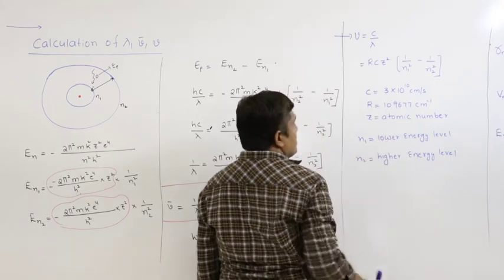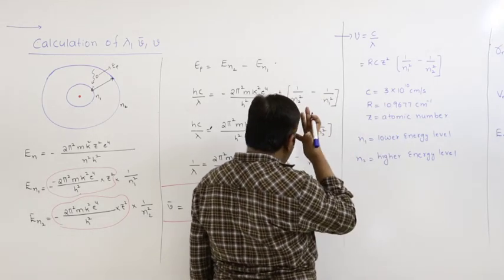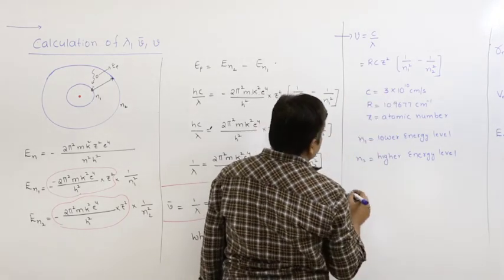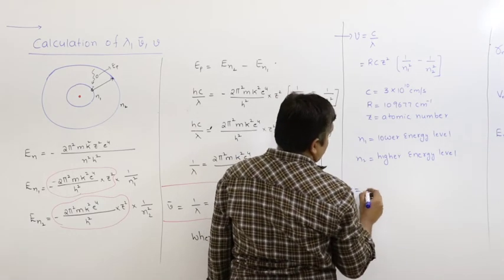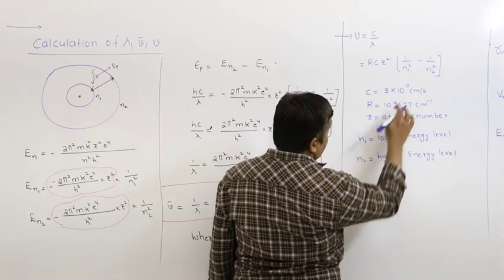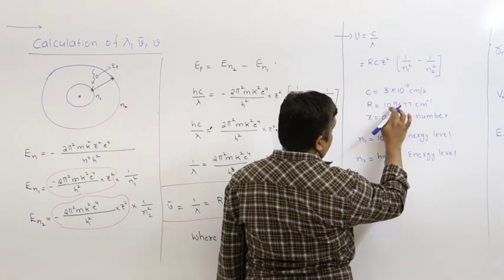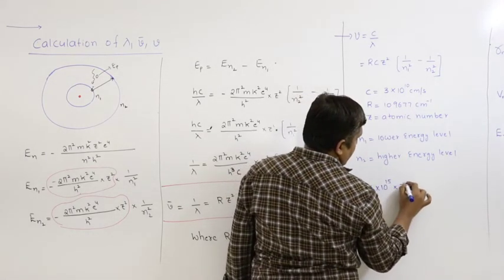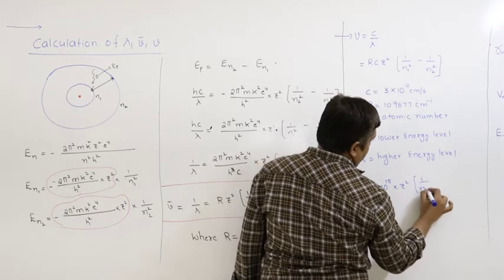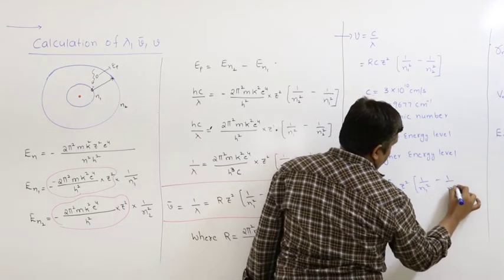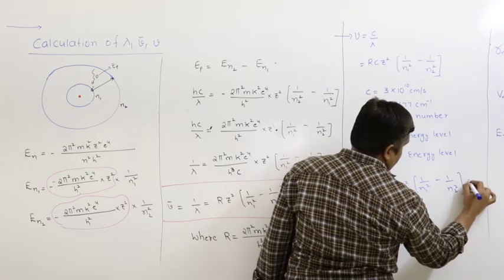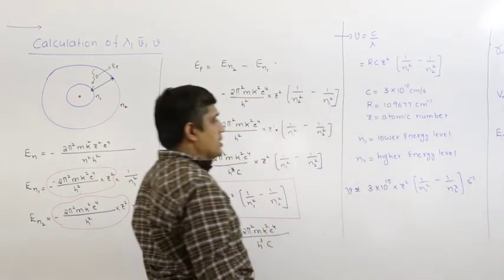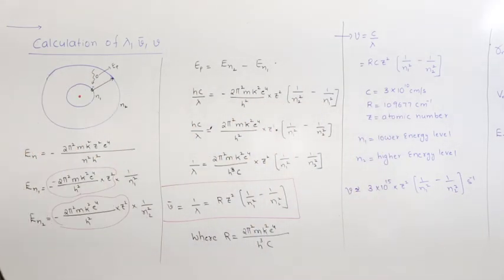So if you simplify this, 1.1 approximately, 1.1 into 3 is approximately 3.3 into 10^10, that is approximately 10^15 into Z² × (1/n1² minus 1/n2²) second inverse or hertz. That is the equation to calculate frequency.